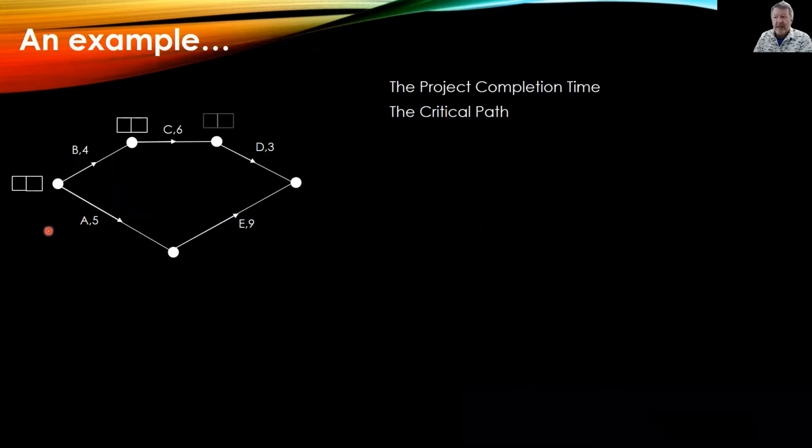Let's get our boxes around the vertices, at the end and start of each activity. We start off, if you remember, with the earliest start time, so we go through and fill out these boxes. Now we have to find our start vertex.